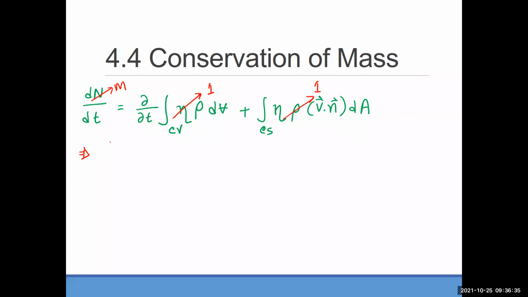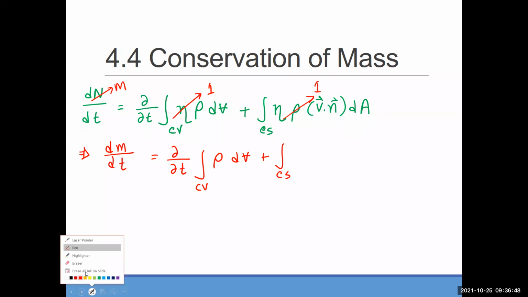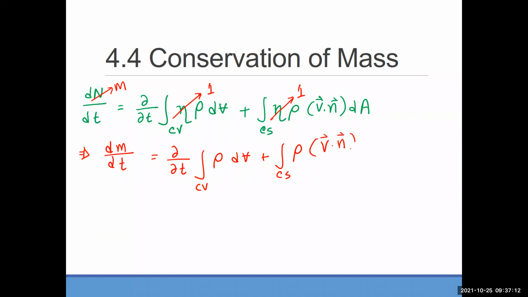So the final version is dm over dt CV rho. I'm sorry, that should be for eta, not for the rho. So for this one, it should be 1. Okay, so rho V times n times dA.